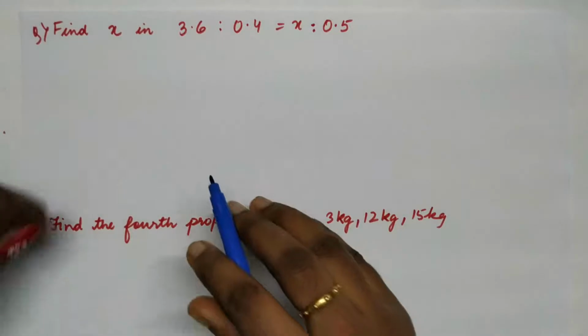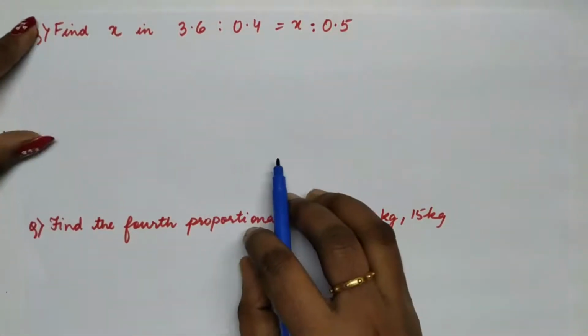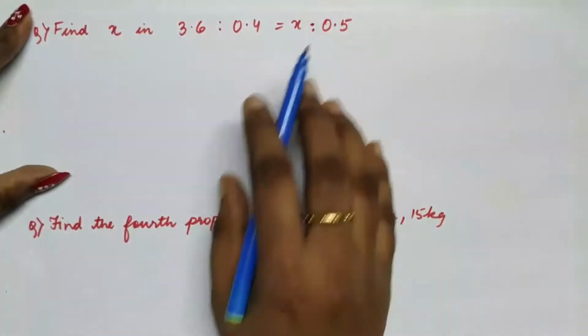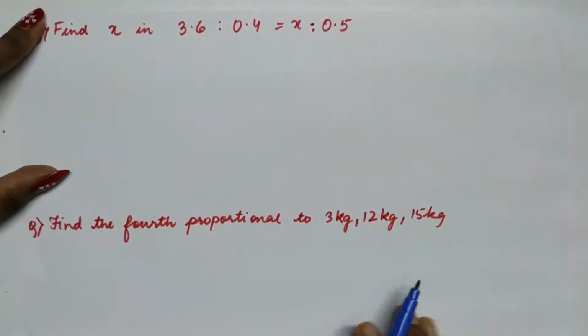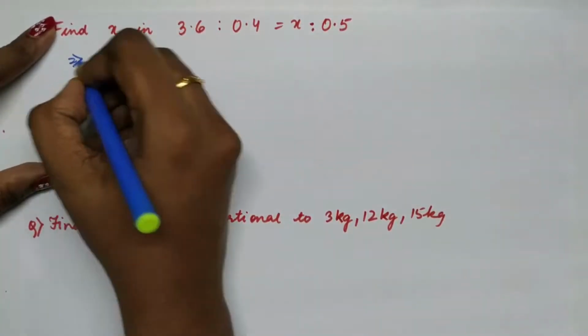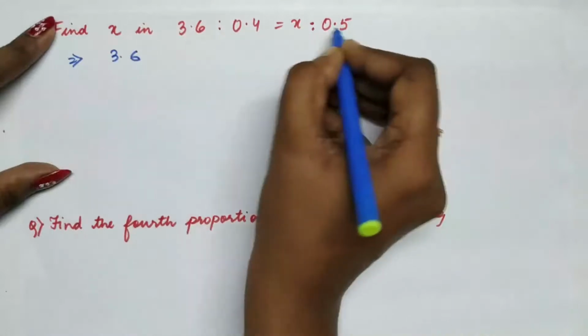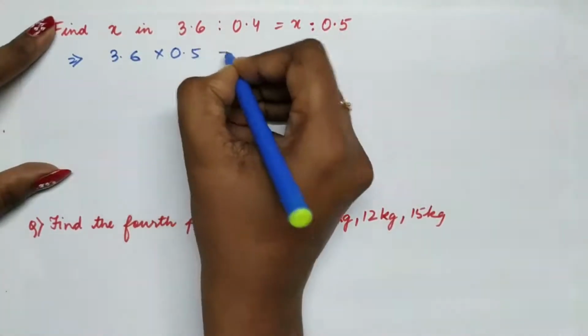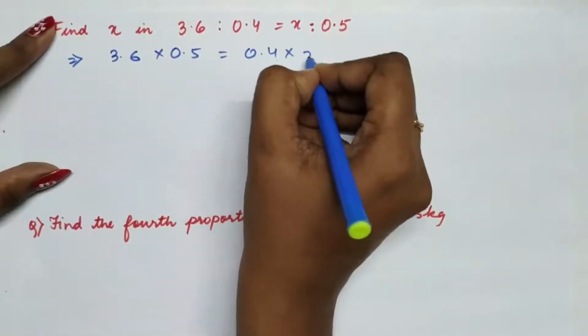Now in this question, it is asking us to find the value of x. Here they are already showing that these terms are in proportion. So we have to simply multiply the extremes and get the answer.